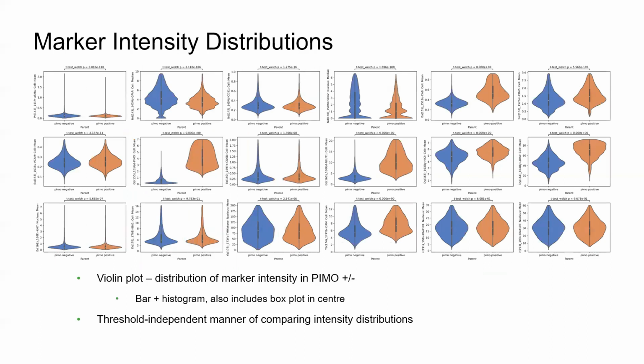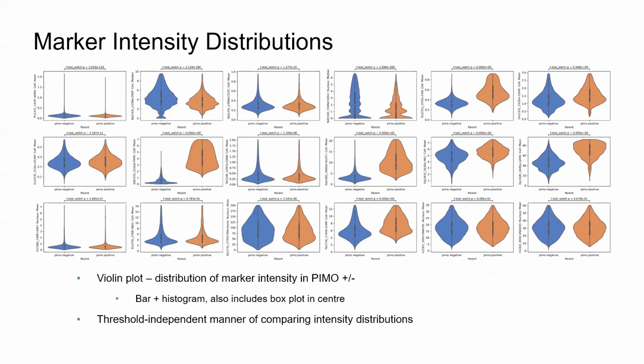Next up, we can compare marker intensity distributions. Violin plots are nothing more than a sideways histogram with a box plot overlaid onto them. But what this can tell us is whether or not there is a statistically significant difference of cells' marker intensity across two or more different groupings.